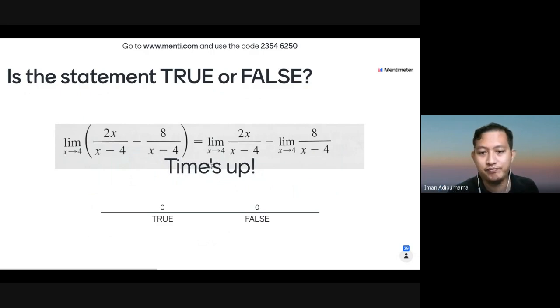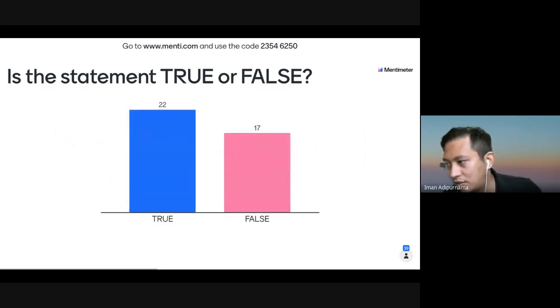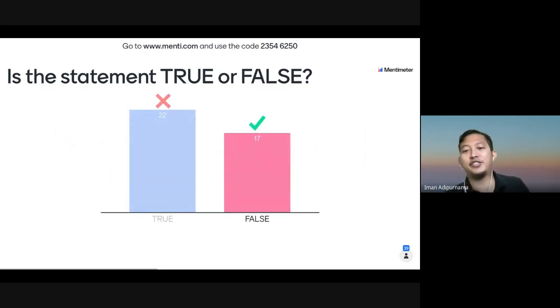Time's up. Oh, it's false. Do you know why? Because each of them does not exist as a limit, so we cannot use the limit law. That's the important thing. So you cannot do that. You need to make sure each element in the functions exists.